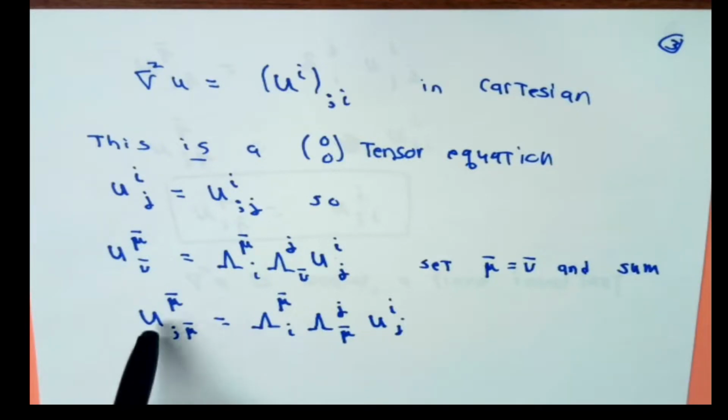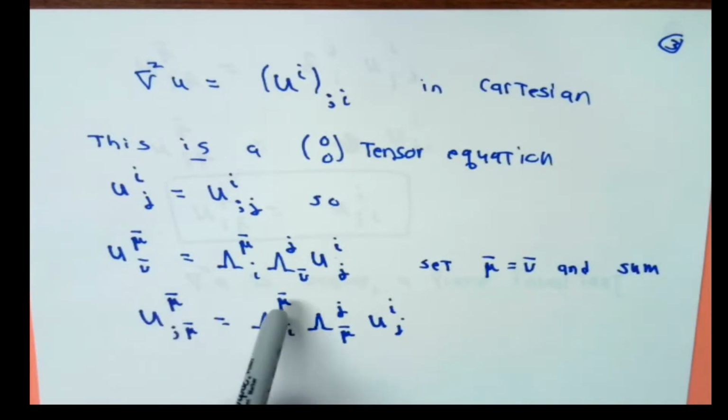So this literally is u^0 semicolon 0 plus u^1 semicolon 1, u^2 semicolon 2, u^3 semicolon 3. And as I said, we know how tensor components transform. I have to have a mu bar upstairs, and I have to get rid of the i somehow. I have to get rid of the j, and I have to have a mu bar downstairs.